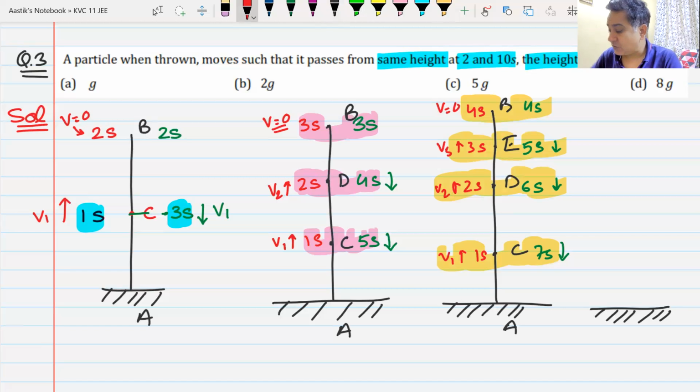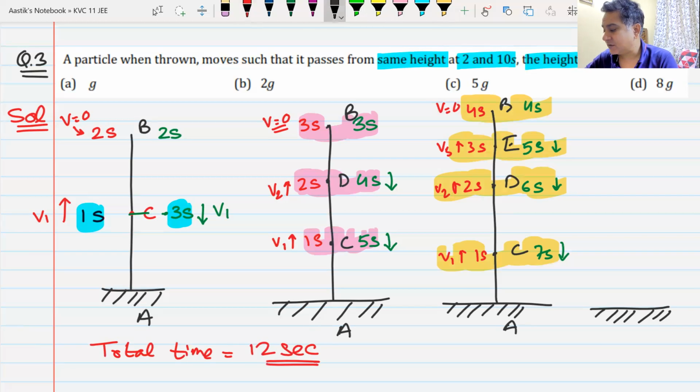So in this case, the total time of flight is going to be 10 plus 2, 12 seconds. Do we understand this? 12 seconds would be the time of flight.